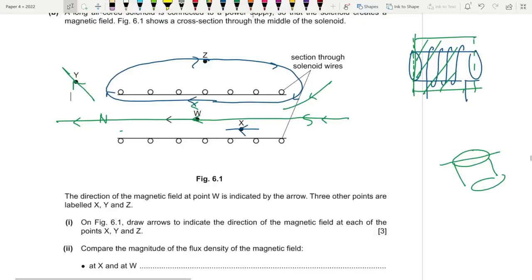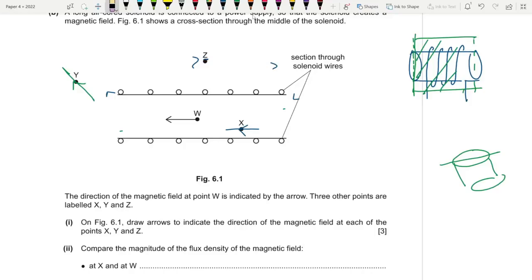It matched with my drawing. And the one at Z, the arrow should be pointing to the right, and that matches with the mark scheme. This is your answer. Tell me if you do have any queries still. So the one at X points to the left, the one at Z points to the right horizontally, and the one at Y is diagonal. All right, is that fine?